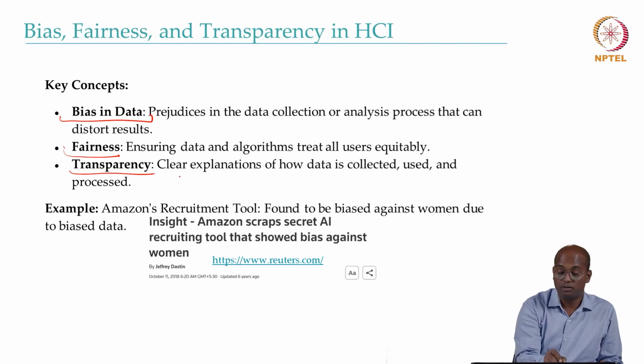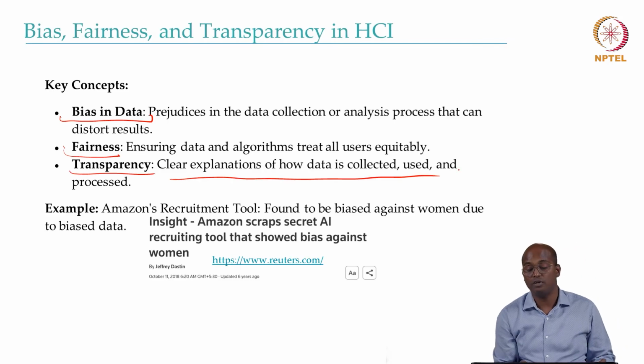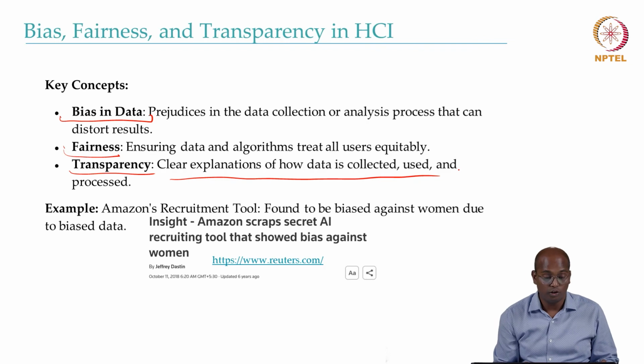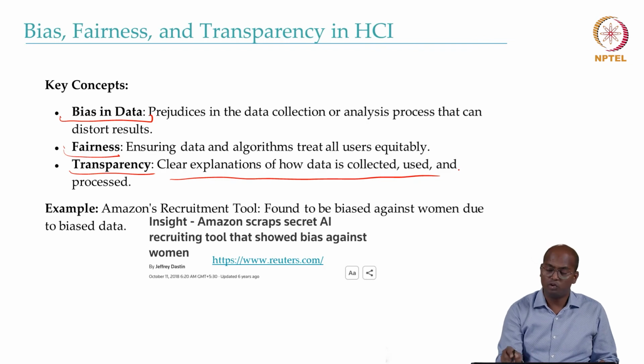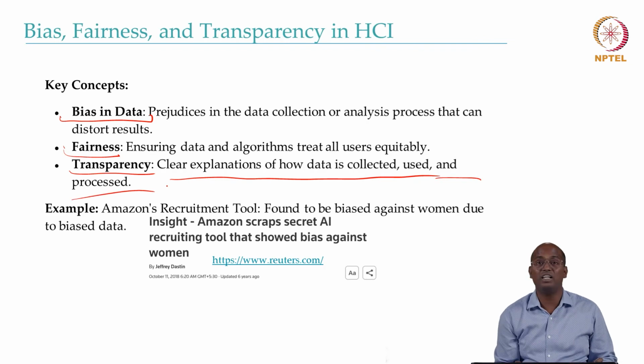Similarly, transparency: you should have a clear explanation of how data is collected, used, and processed. Many times in real life we are surprised to see how the different systems we are using are working.